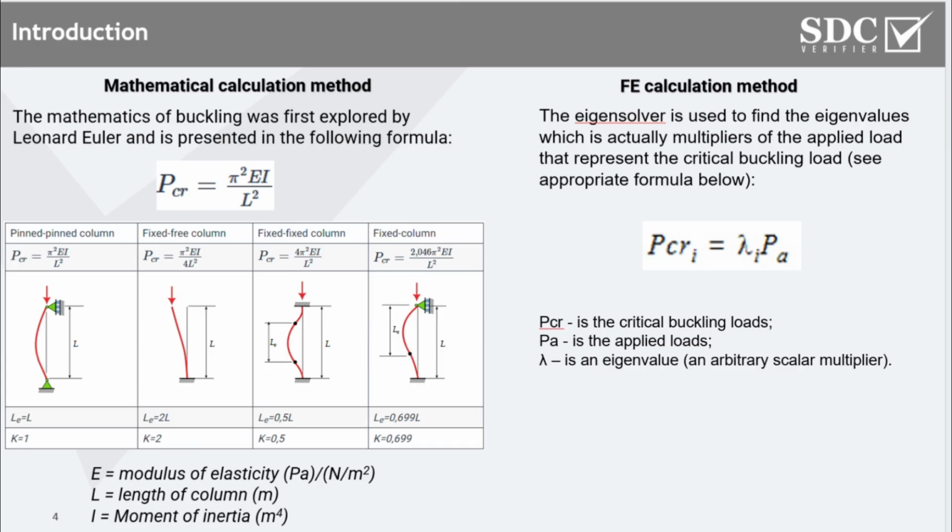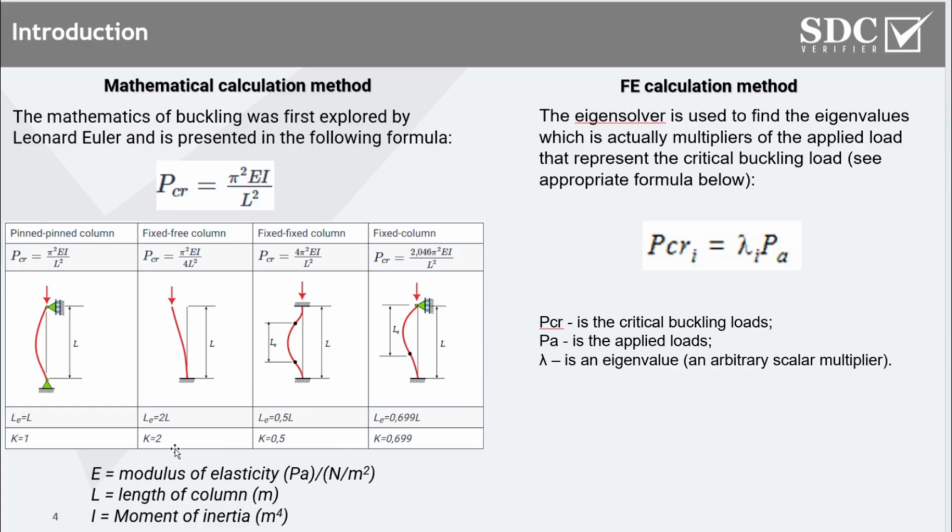This effective length is calculated depending on how it's supported. For instance, for a cantilever the factor will be equal to 2, so we need to multiply our L by factor 2 to take into account the proper effective length.